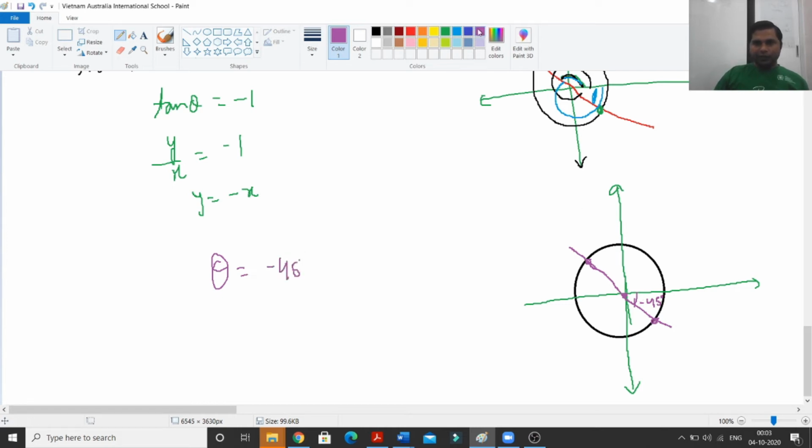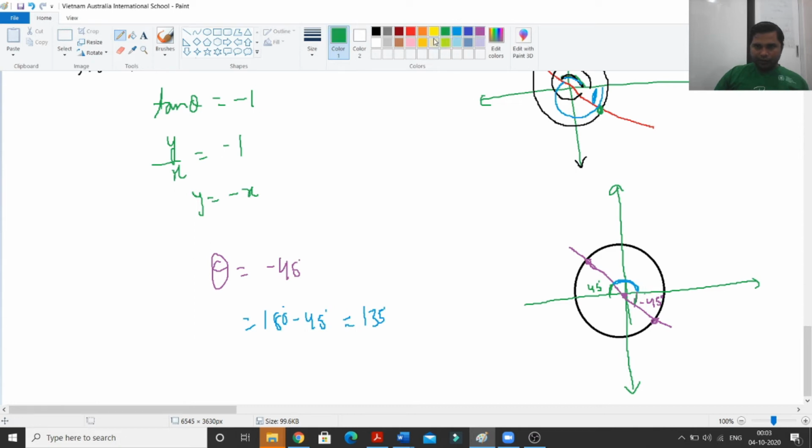If this is minus 45, by symmetry this has to be 45, vertically above. And if this is 45, what we are looking for is this value. The total is 180, so out of 180 we subtract 45. 180 minus 45 is 135. So our answer is 135.